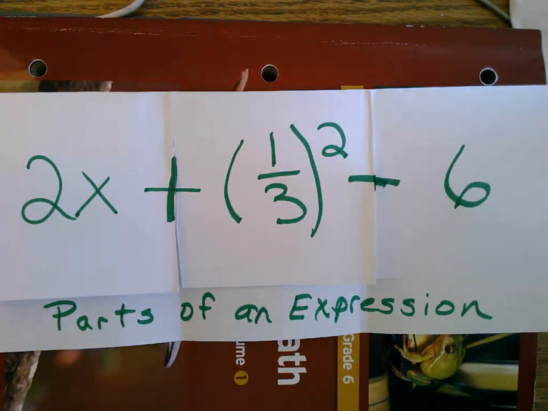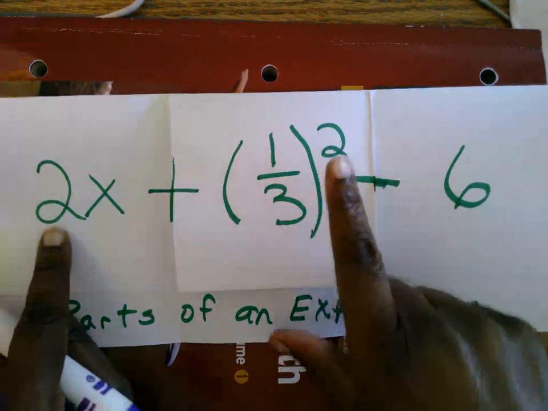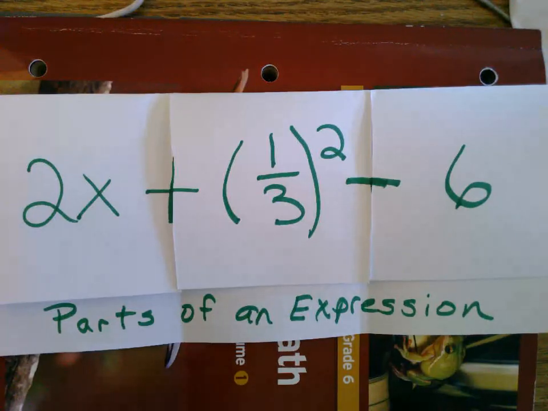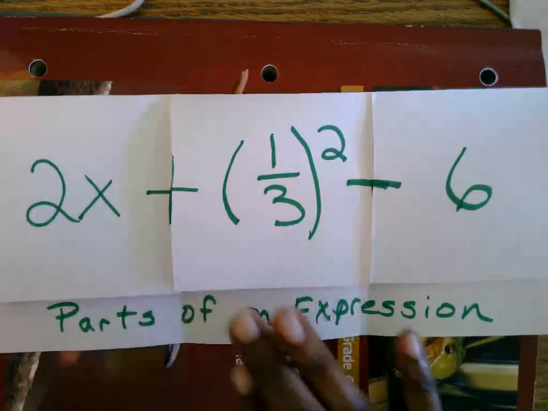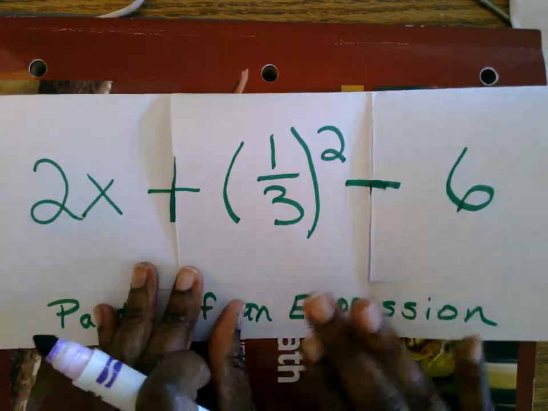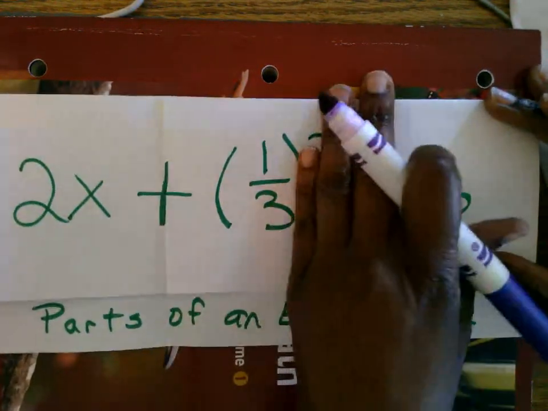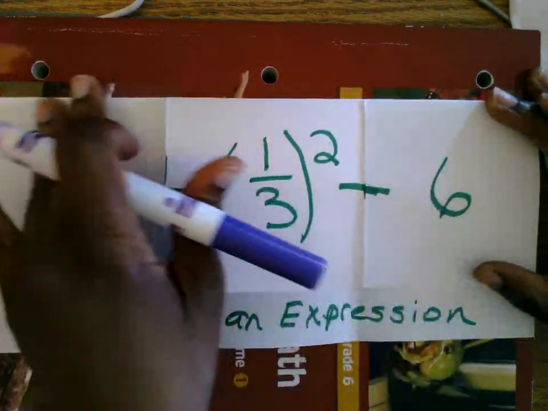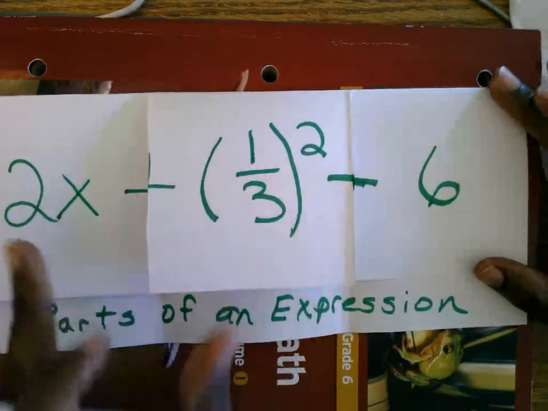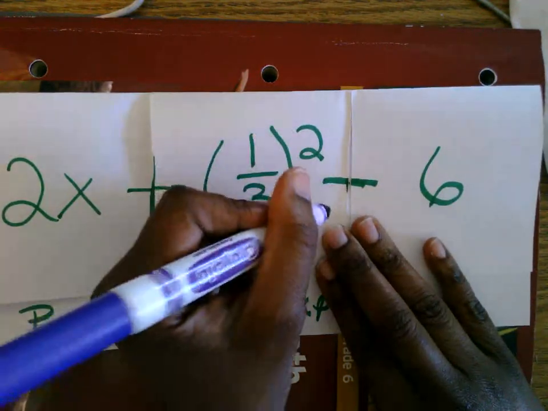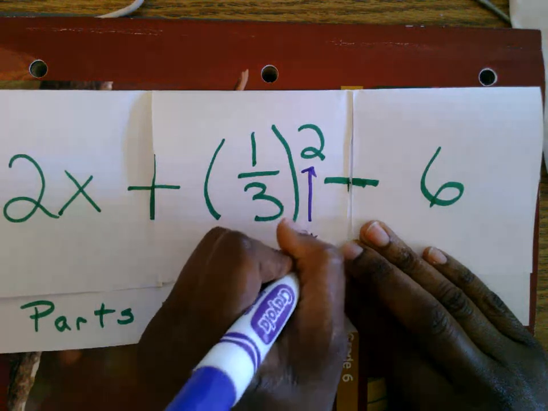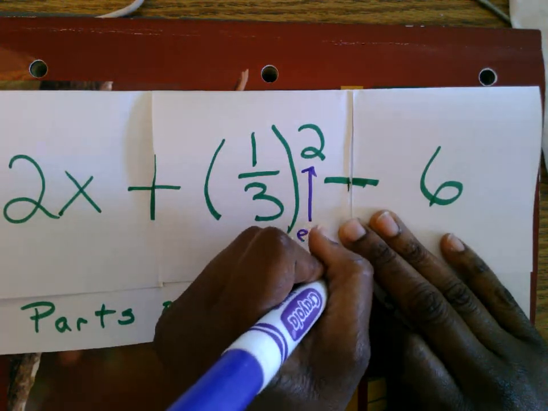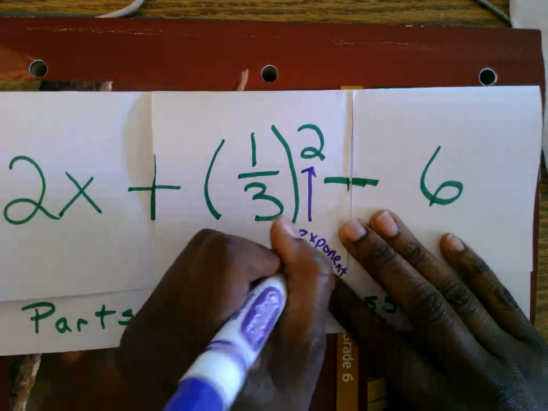Which one? This one or that one? Okay. What is it called? Okay. So we know that this 2 here is the exponent, also known as a power.